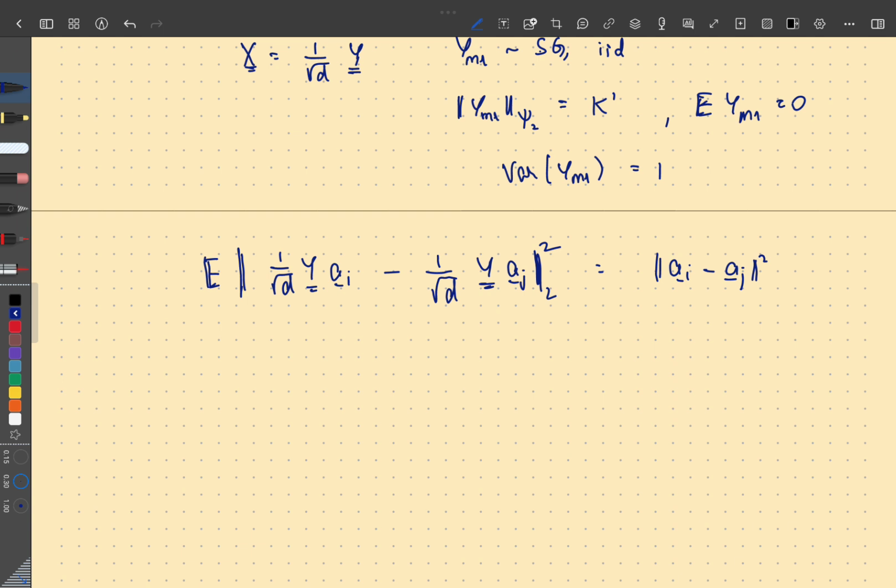What ultimately the goal is, is to find out what is the probability that the L2 norm of g of ai minus g of aj is not within some epsilon times the norm of ai minus aj.